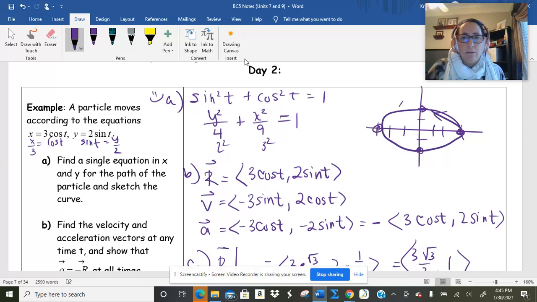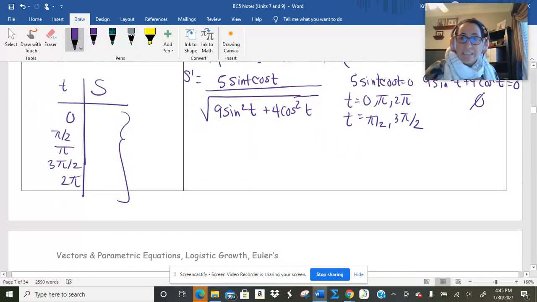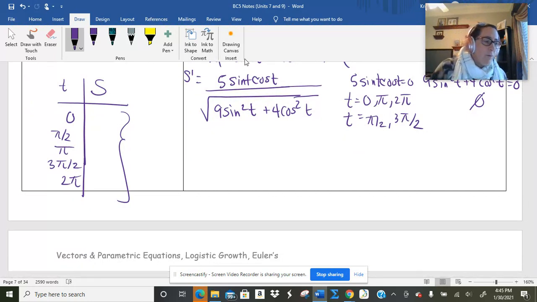That looks better. While you guys were finishing that, hopefully you go fix that too. Okay, so now when you go plug these back into the speed, see if you got this.